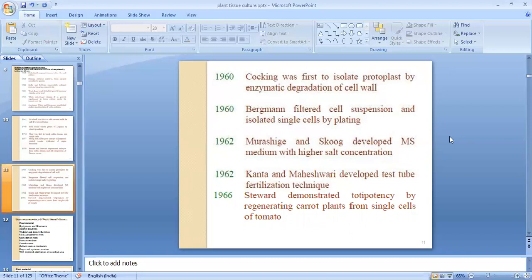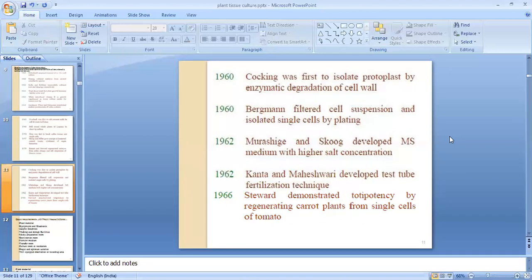And in 1962, Murashige and Skoog developed the nutrient medium with a high salt concentration. Again in 1962, Kanta and Maheshwari developed the fertilization technique in plant tissue culture. And in 1966, Steward demonstrated the totipotency by regenerating carrot plants from single cells.